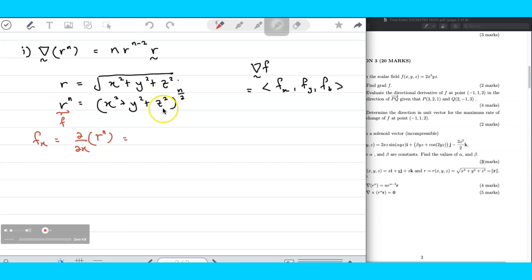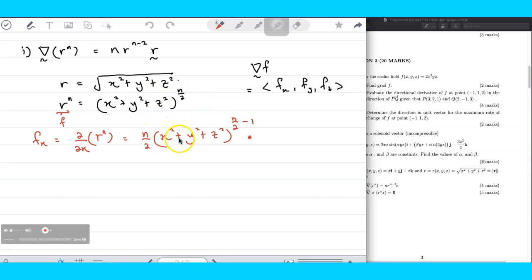Where is the x? The x is inside this function, so you differentiate the outer function first. You have n over 2 times x squared plus y squared plus z squared to the power of n over 2 minus 1, multiplied by the derivative of the inner function with respect to x.